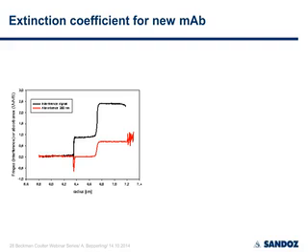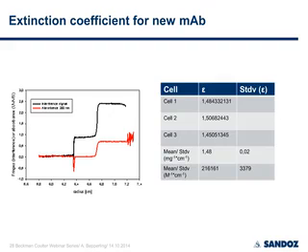And you also see the plateau of the absorbance and the plateau of the interference signal. You just subtract them and divide them by each other. So you have your protein concentration in mg per ml and the absorbance which corresponds to this protein concentration, giving you the extinction coefficient.